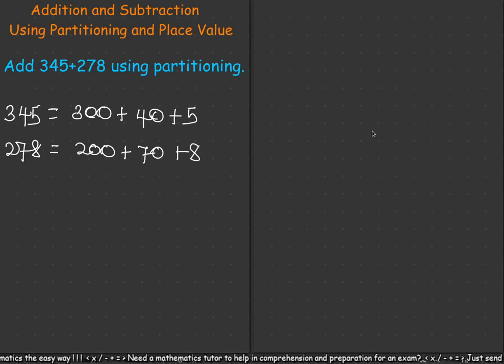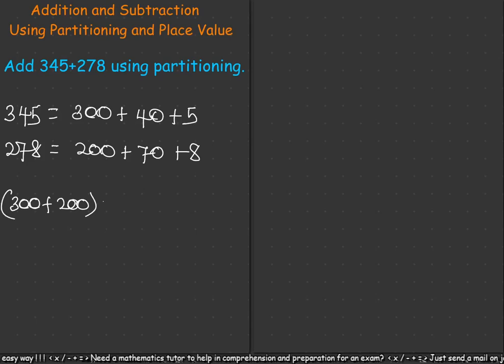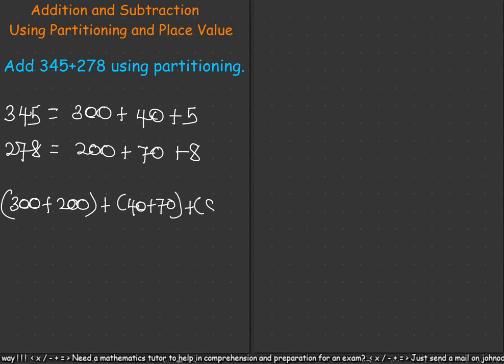Then you make sure you add according to the place values. So the hundreds work alone, so you have 300 plus 200, and then the tens also work alone, so 40 plus 70, and finally your ones, which is 5 plus 8.